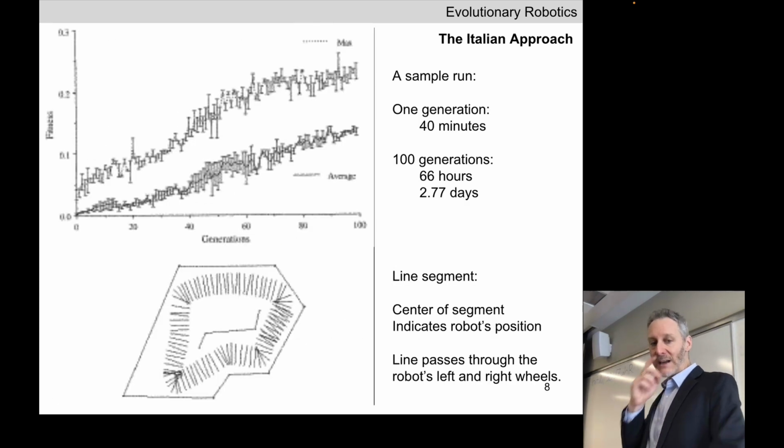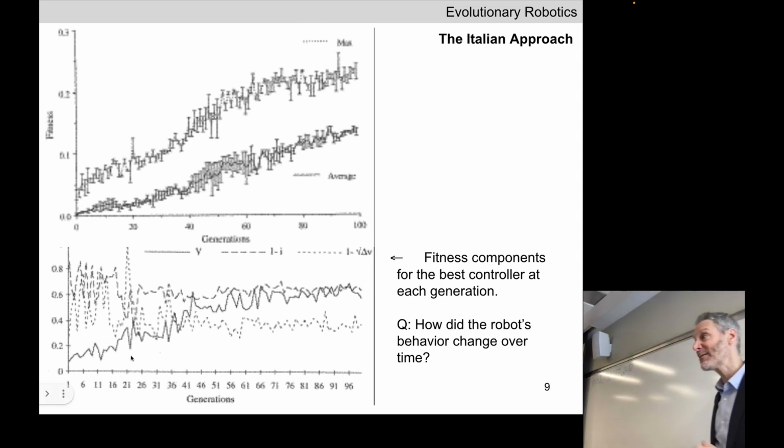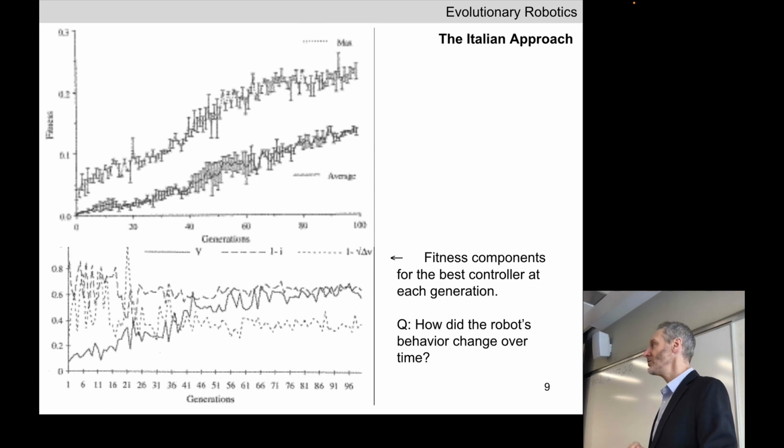We ended last time by seeing they did manage to evolve a robot that does this. It's not perfect. It's pretty good. And we ended last time by looking at this plot in the lower left, where we're looking at these 3 different fitness components. There are 3 different things that the investigators wanted their robot to do.